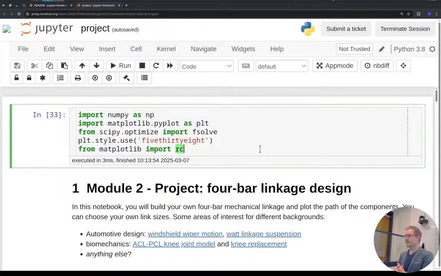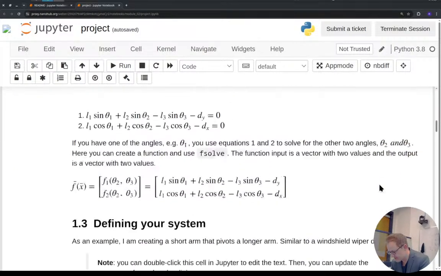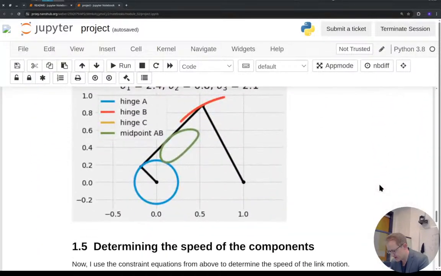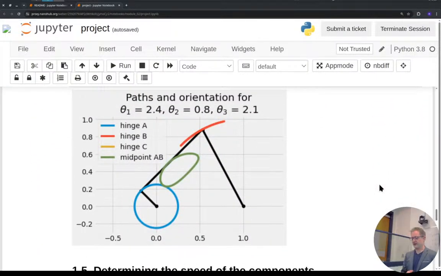Okay. Yeah. So for a windshield wiper, what's important about a windshield wiper? If we come down, we can look at the path that we have, at least from just the given. If we just take the given 4-bar linkage, plot the paths, what do we care about for the windshield wiper?